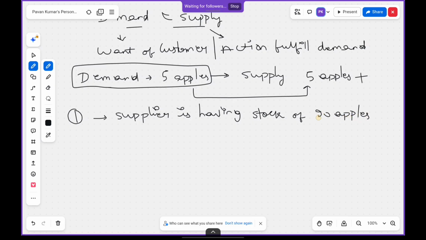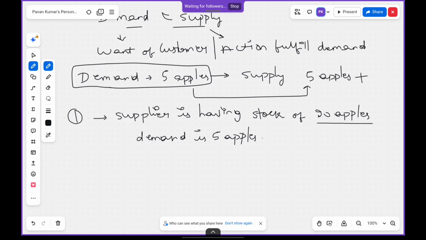What is the supply? How much supply is available with the supplier? That is 20 apples. But what is the demand? The demand is only for 5 apples.